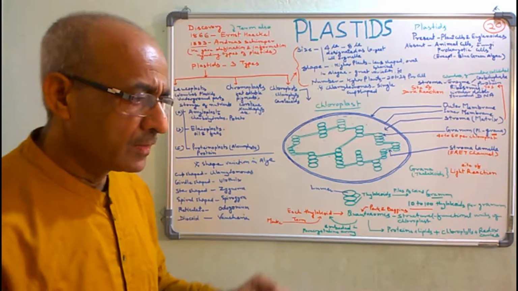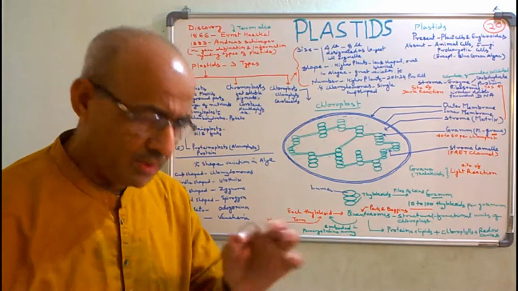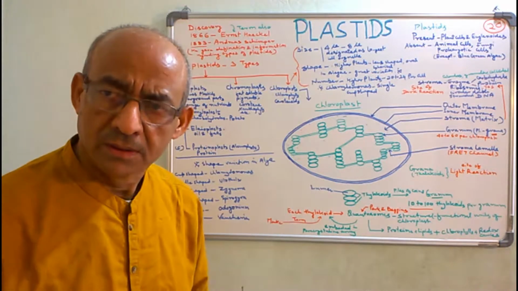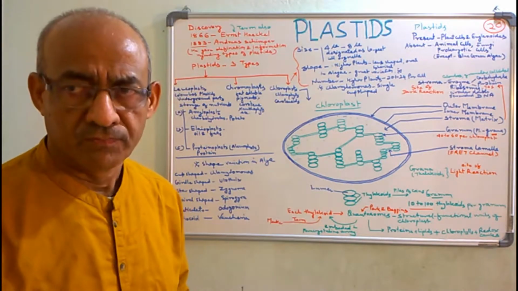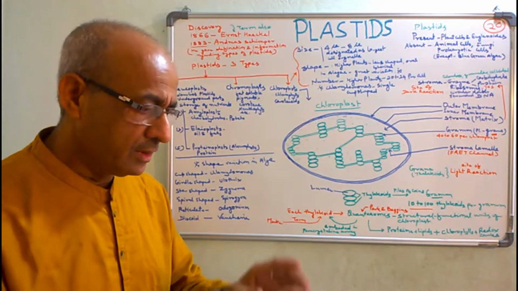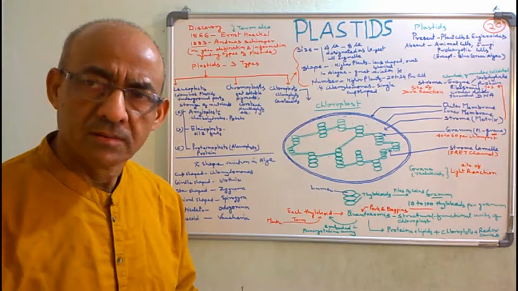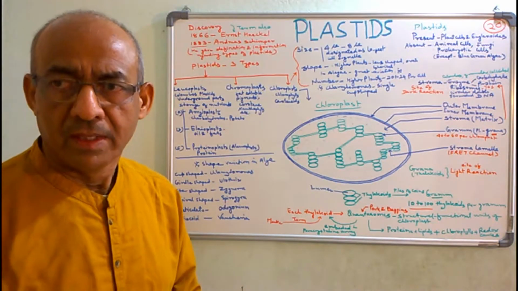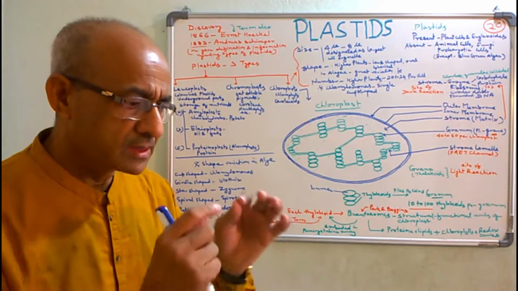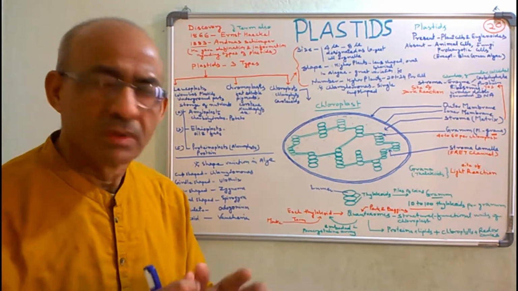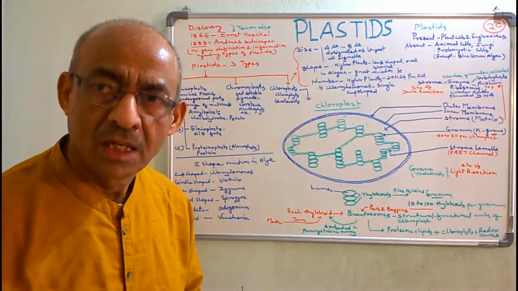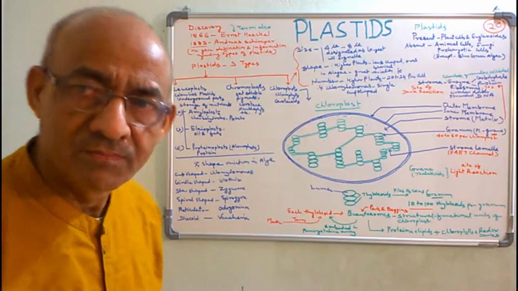One more important piece of information, listen attentively: in the case of immaturity, that means when the chloroplast is immature, this inner membrane develops certain projections, and those projections develop into sac-like vesicular structures. Those structures are thylakoids.